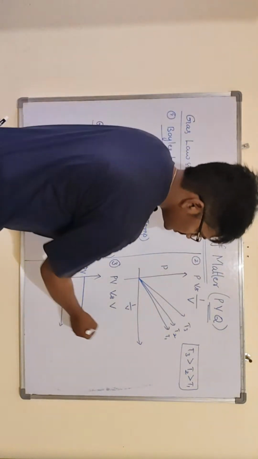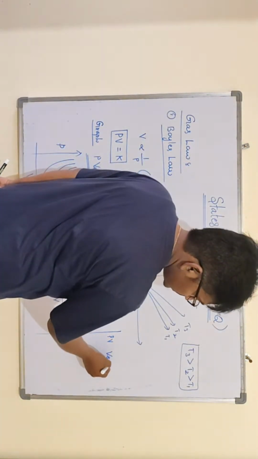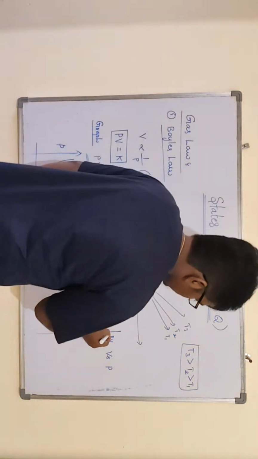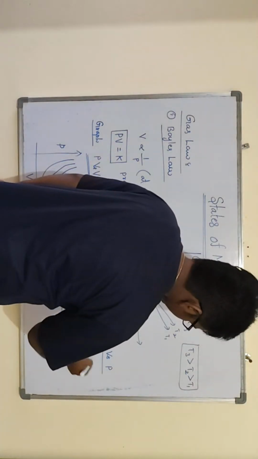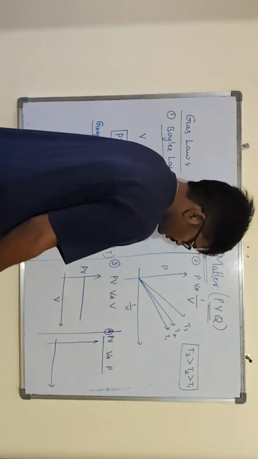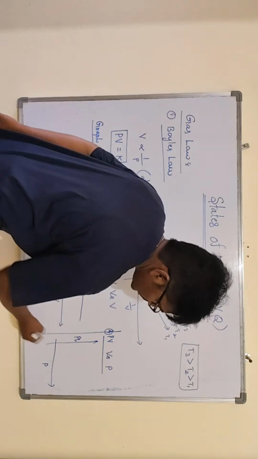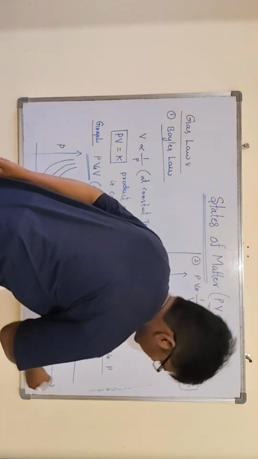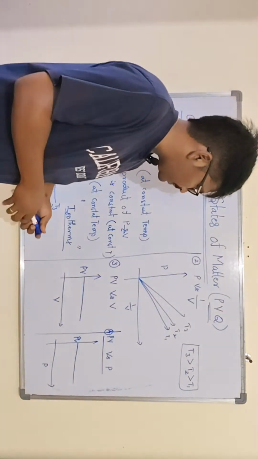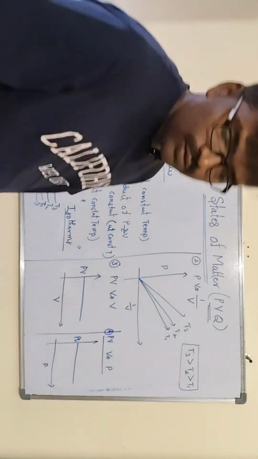Or if you take PV versus pressure, we get a straight line parallel to the pressure axis. So these are the graphs for Boyle's law.